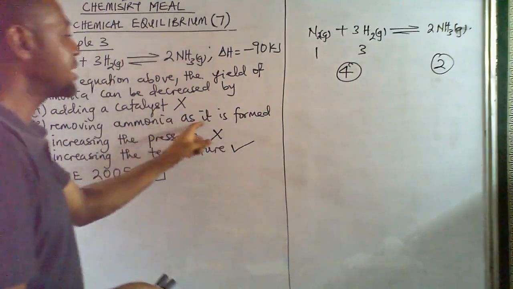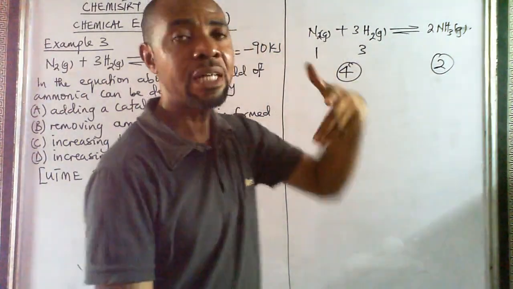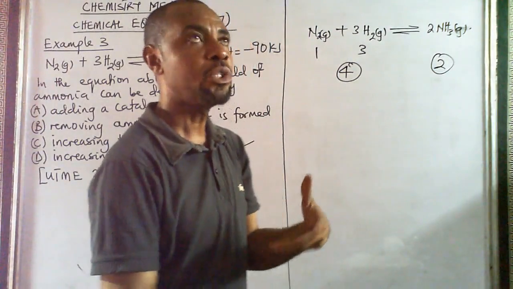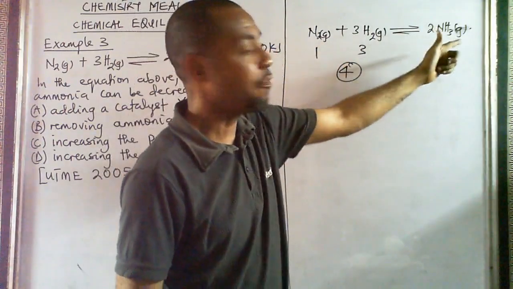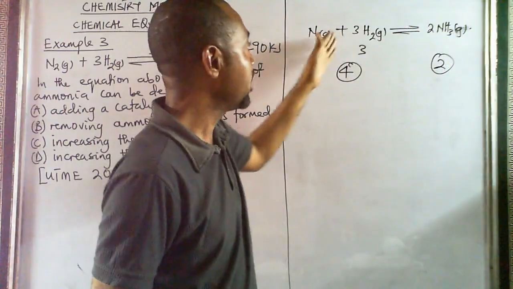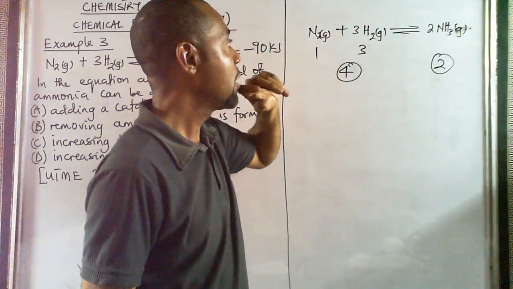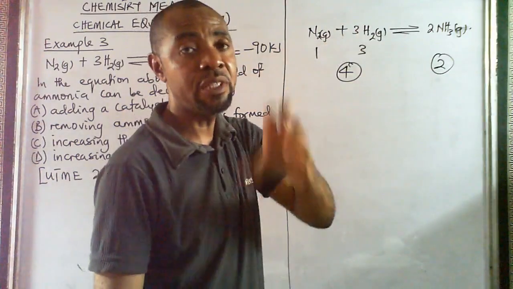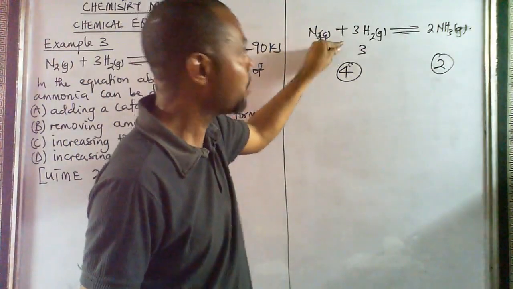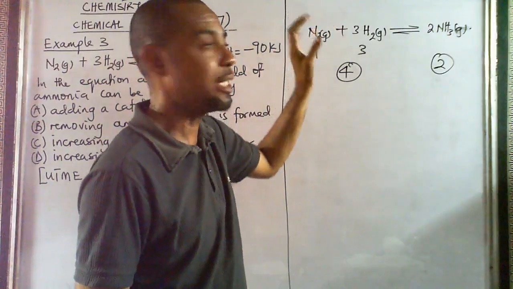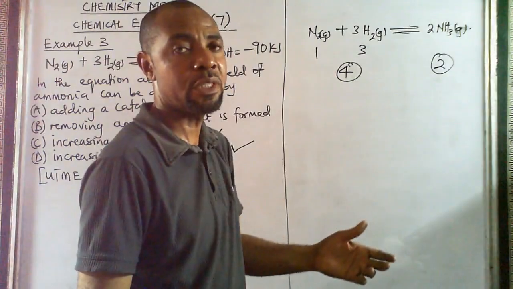Removing ammonia as it is formed. Now, we remember when we looked at the effect of concentration, we said one of the ways of favoring the forward reaction is to increase the concentration of the reactants. We have 2 ways of doing that: we add more reactants, or we remove the product as soon as the product is formed.